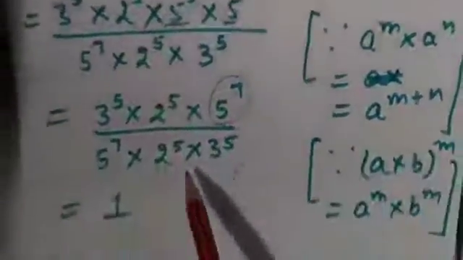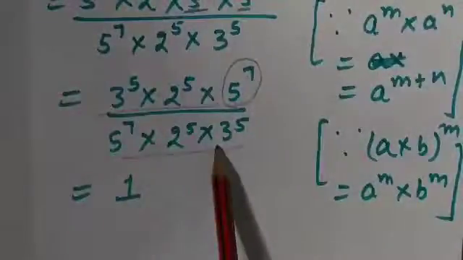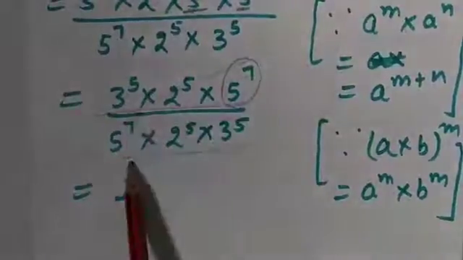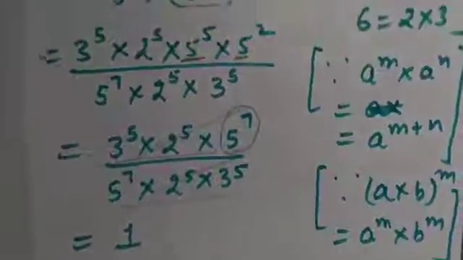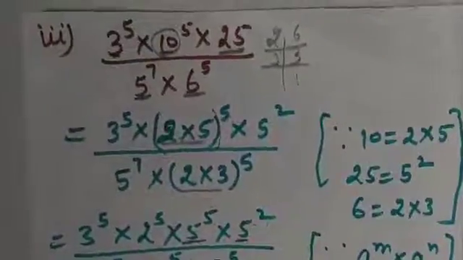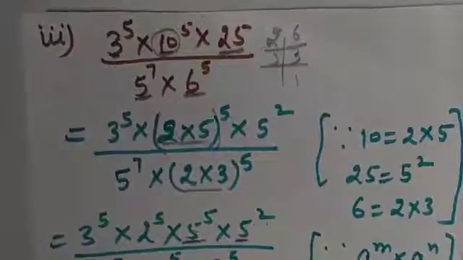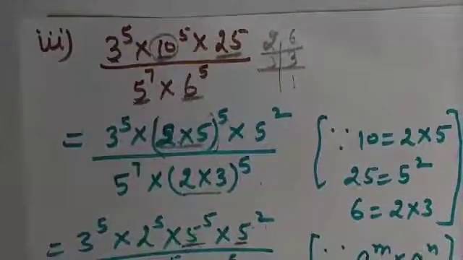In the denominator this remains the same. Now I observe the numerator and denominator are the same, so they get cancelled and it is 1. Just remember the laws and observe which law can be applied here. These questions are just games of laws of exponents.